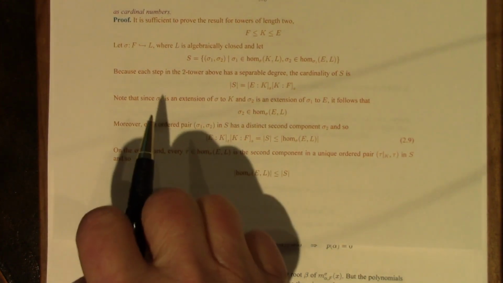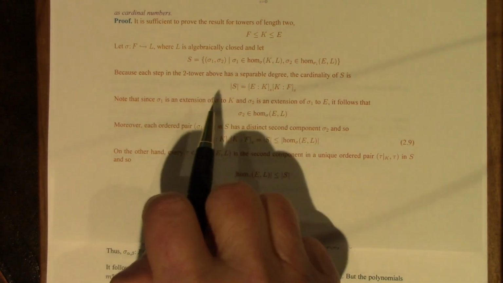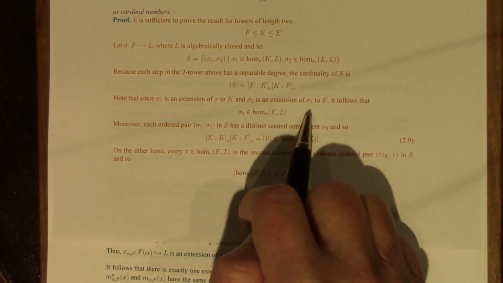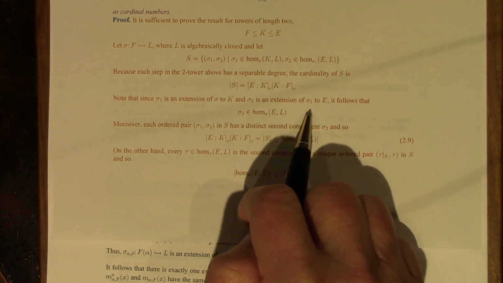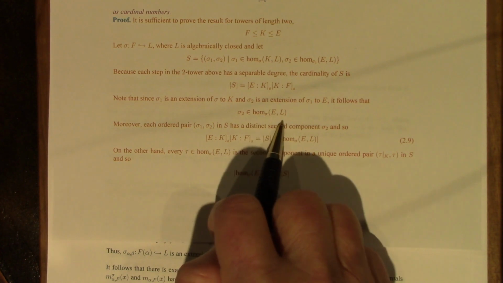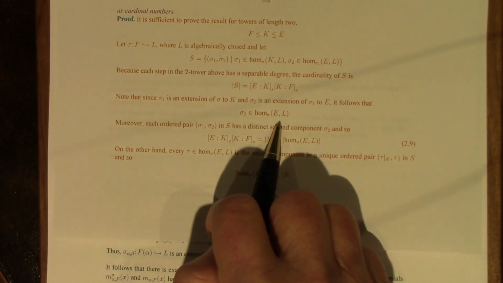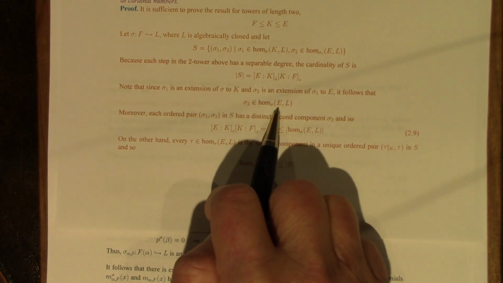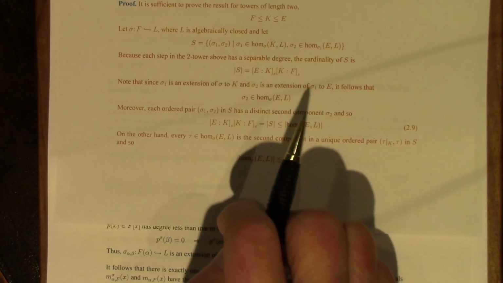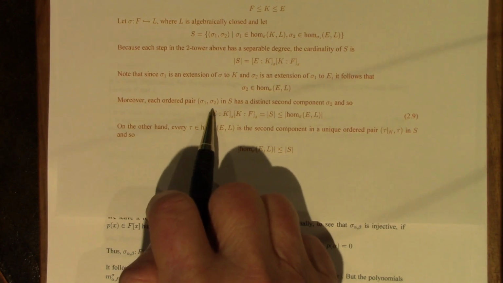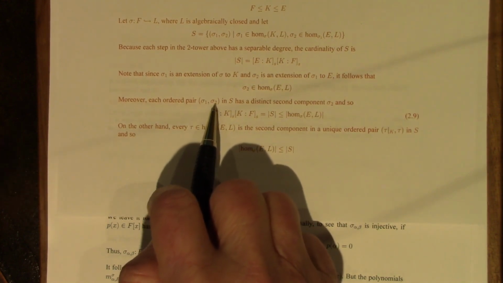Now, notice that sigma 1 extends sigma to K, and sigma 2 extends sigma 1, so sigma 2 is also extending sigma. So sigma 2, in fact, belongs to this set of extensions of sigma all the way to E. Moreover, each ordered pair in S has a distinct second component.